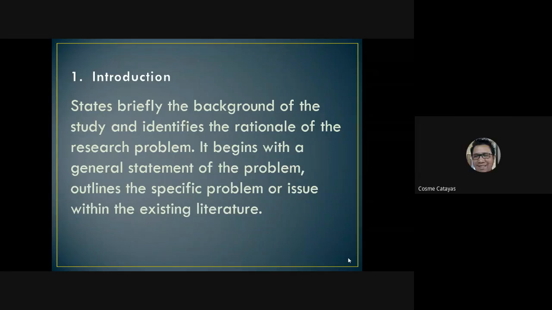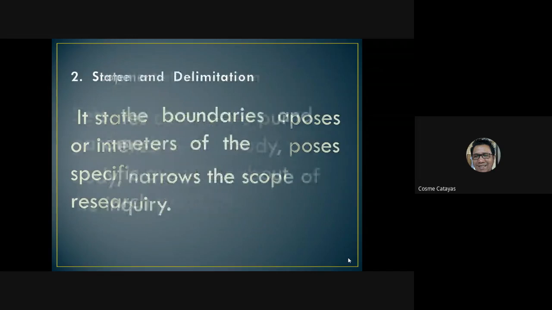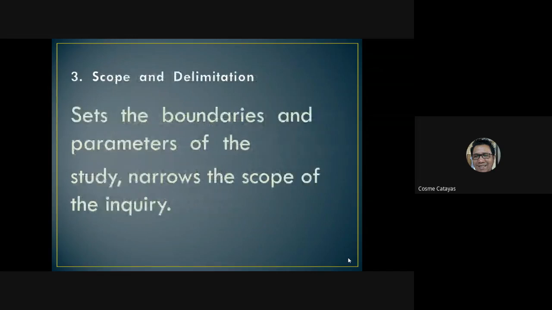Number 2, statement of the problem. It states clearly the purposes or interest of the study, poses specific questions about the research problem. Number 3, scope and delimitation. Sets the boundaries and parameters of the study, narrows the scope of the inquiry.